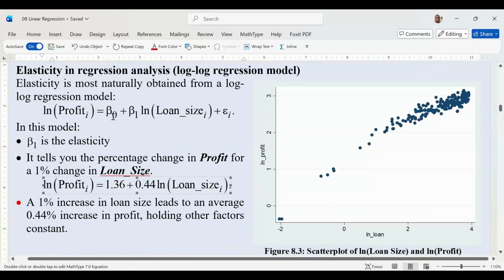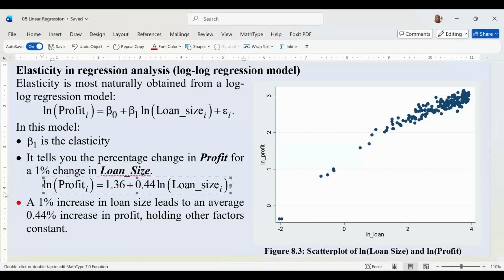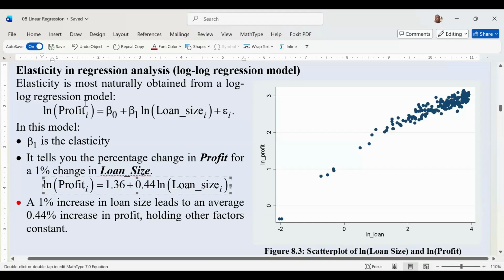You read the value for beta naught in the log-log model was 1.36, while the gradient for the log-log model was 0.44. When you check the results, I think that was the last but one model we ran. So this is our model.